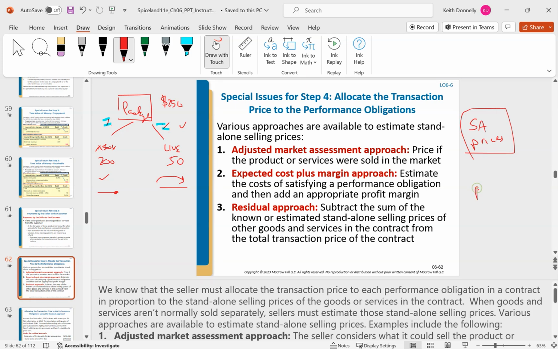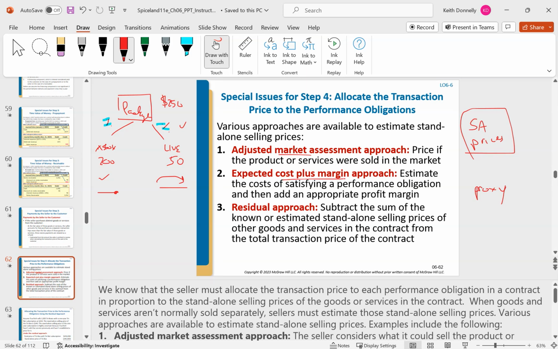Well, what they do is they give you a proxy. There are three alternatives you can use when you don't have a standalone price. One is the market. You can look to see what this would go for if it was sold in the market. Oh, Nintendo charges $60 a year. Well, ours would probably go for $60 a year.